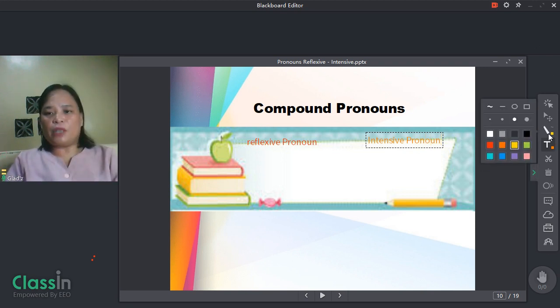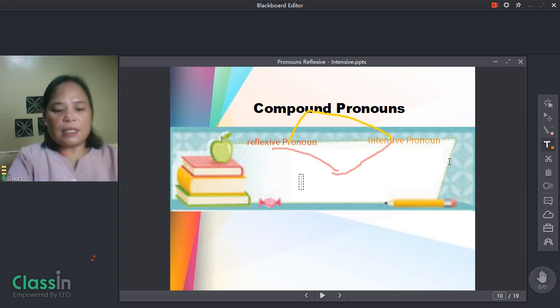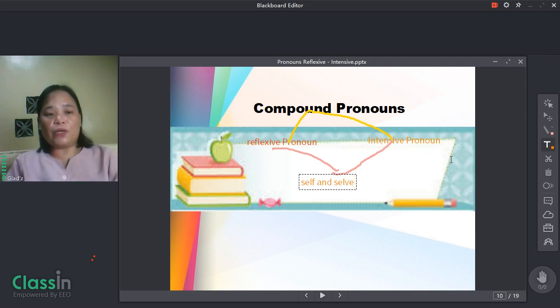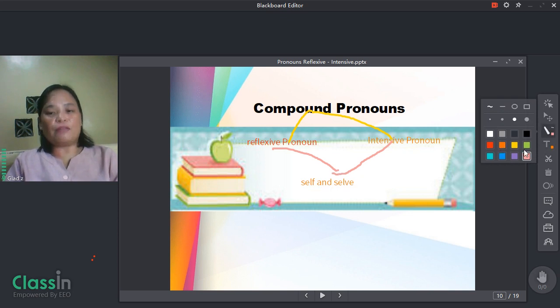They are both compound pronouns, and both of them end with self or selves. But they have different functions or uses in the sentence.